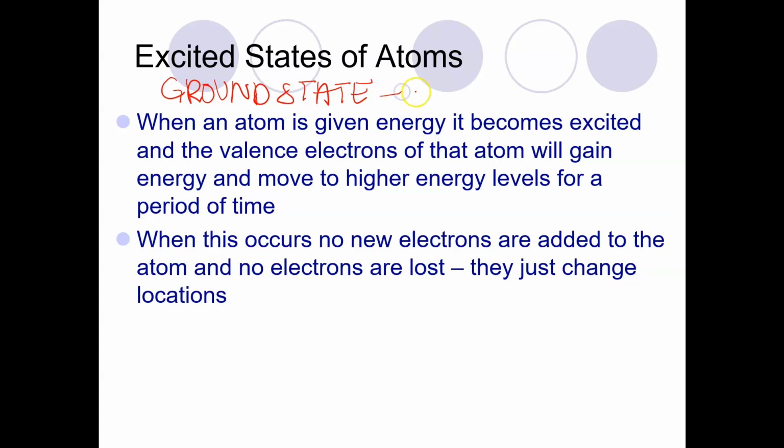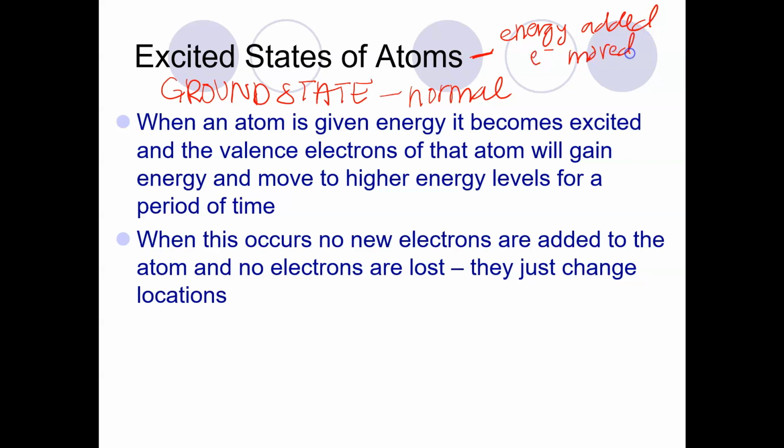That just means, I'm going to say normal, that's not really fair, but relaxed, normal, nothing weird happening. You just fill up the orbitals from bottom to top. Excited states of atoms, that's when energy has been added, and so the electrons have moved.